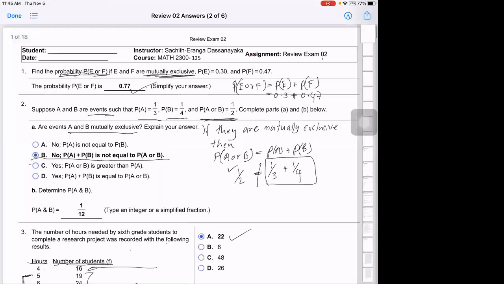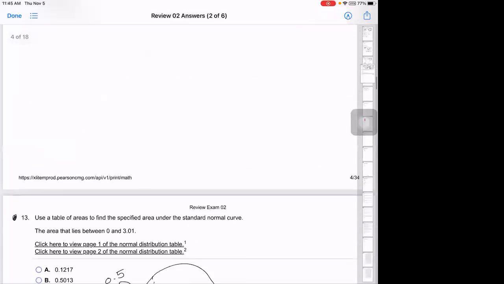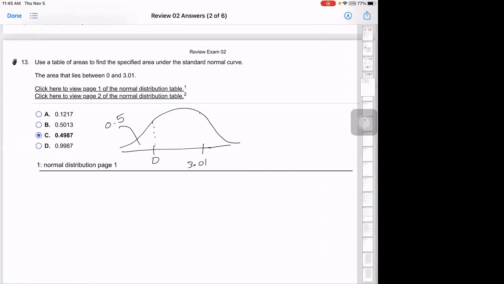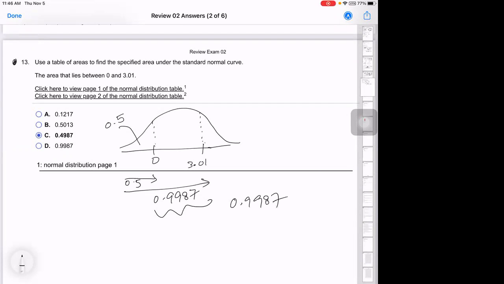So the area from here to here is 0.5, and from here to here the area is 0.9987. Now you have to get the difference. 0.9987 minus 0.5 is going to be 0.4987. Okay, that's how we deal with these kinds of questions.